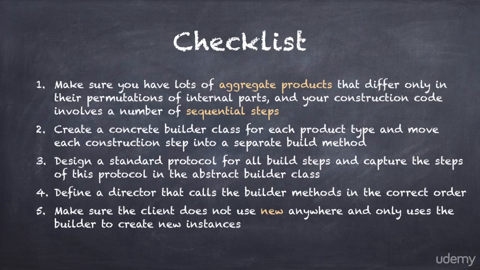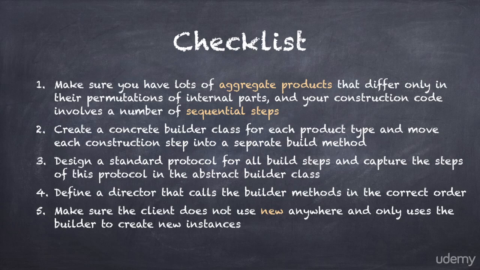Then create a concrete builder class for each product type and move each construction step into a separate build method. Then design a standard protocol for all build steps and capture the steps of this protocol in the abstract builder class.